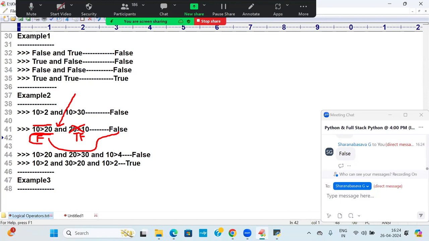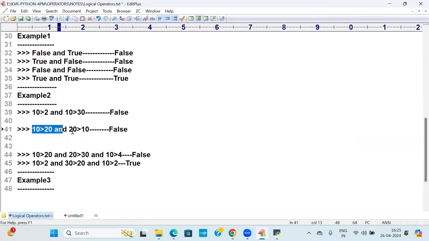First one is called what? False. Second one, PVM will not go to second one. Why? Second one, true or false, it doesn't matter. Even though second one is true or false, total result will become false. So, in the case of AND, when first one is false, PVM will not go to second and subsequent relational expressions.